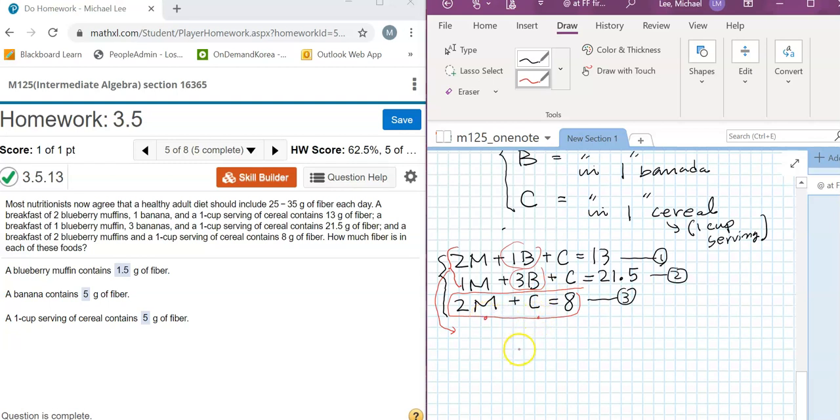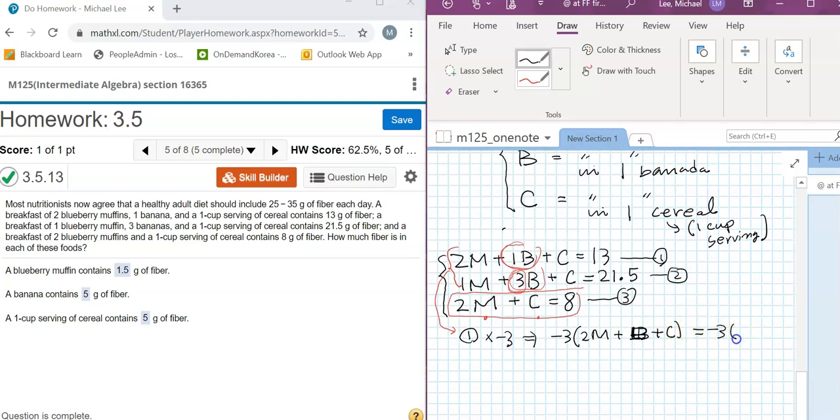So how to do that? This is a 3, so I want to make this one negative 3. So equation 1 times negative 3. That means negative 3 times 2m plus 1b plus c. This 1b, you don't have to write the 1. I just want to emphasize one banana, okay?